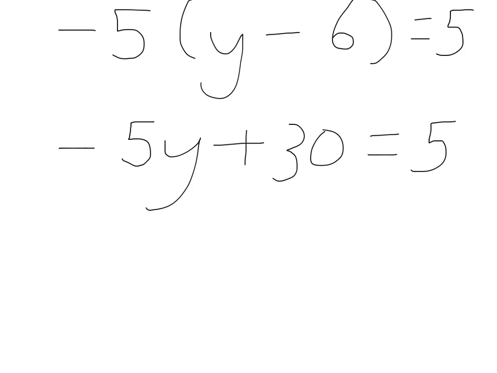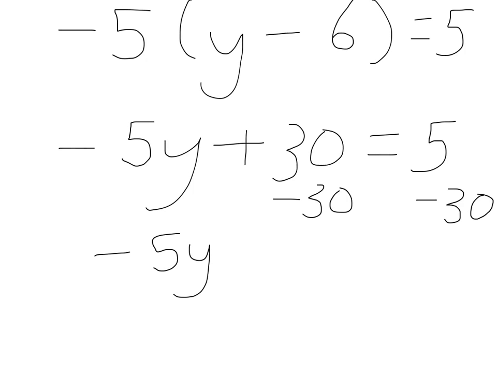I'm actually going to subtract 30 from both sides, and the reason I'm doing that is then I get y on one side of the equation and a value on the other. So I'm left with minus 5y equals 5 take away 30, so that's minus 25. Minus 5y equals minus 25. I'm going to divide by 5, so I get minus y equals minus 5.